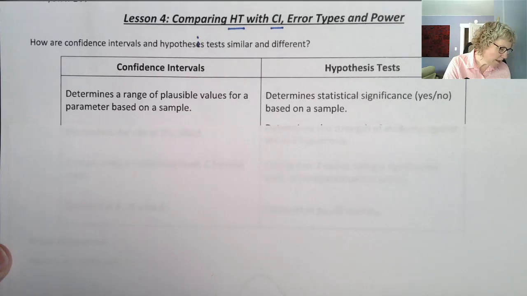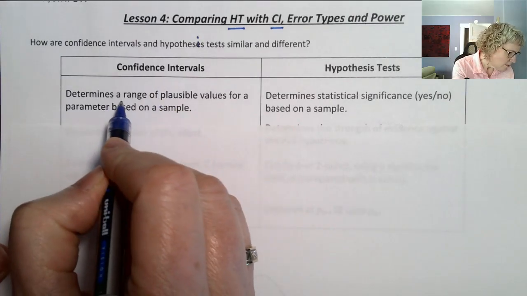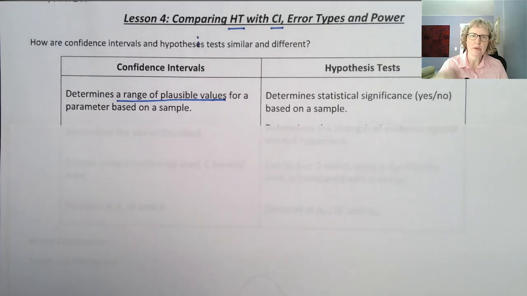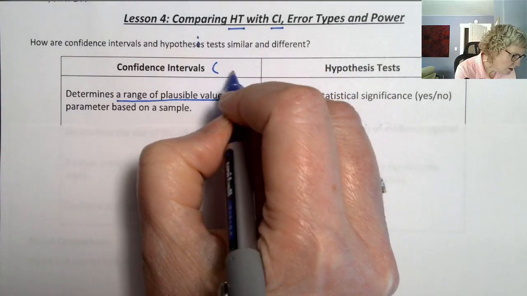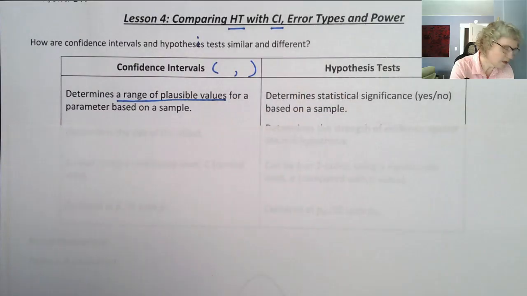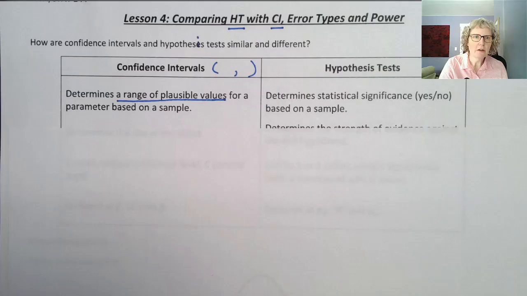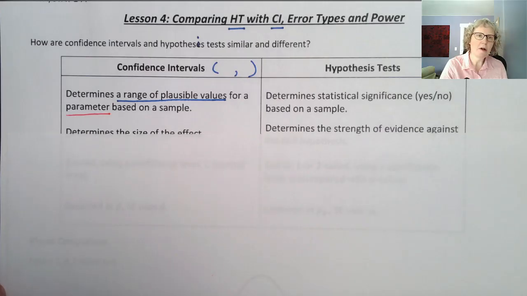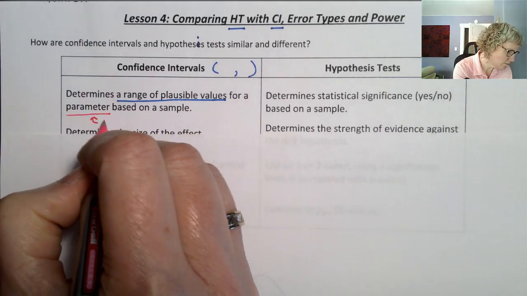First of all, what is it? A confidence interval determines a range of plausible values. That's why we have that range from a lower bound to an upper bound, written in parentheses. It's a range of plausible values for a parameter. The parameter is something we want to know about the population.